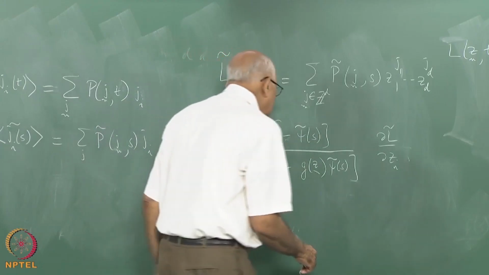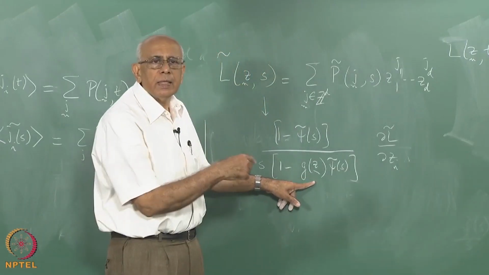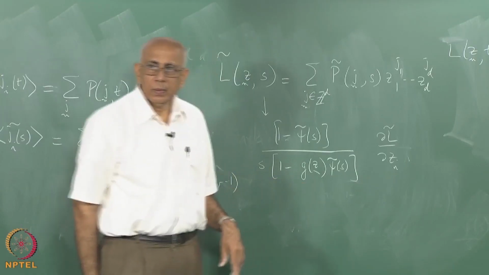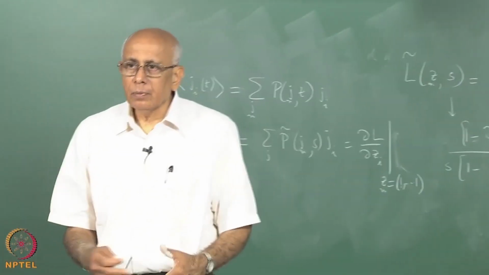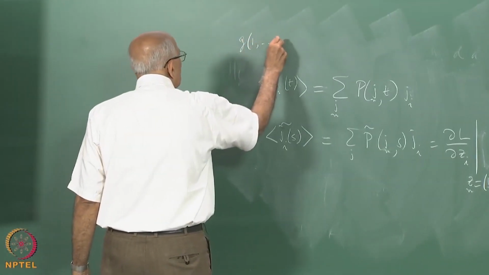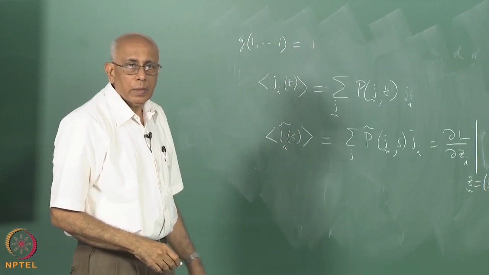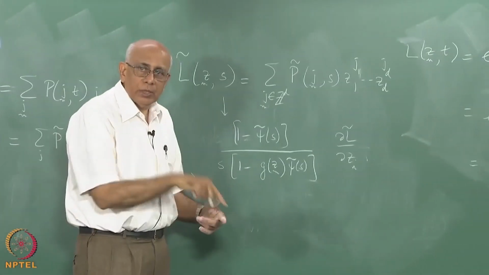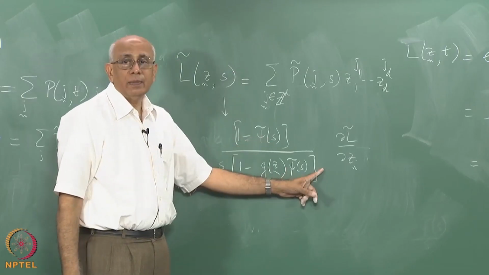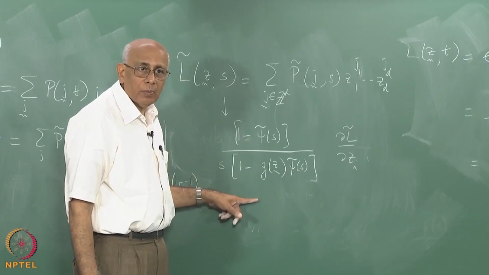I will not belabor the point very much, because if you put all the z's equal to 1, what do you get here? You get the summation of alpha i plus beta i, which is equal to 1. So it is very clear that g of 1 equals 1. So after you differentiate, you are going to put g equal to 1, and you get 1 minus psi tilde divided by this fellow squared. You put z equal to 1, and it cancels one factor between top and bottom.